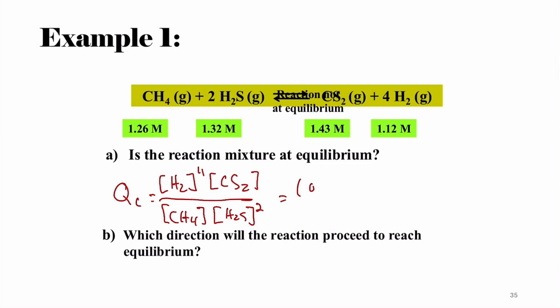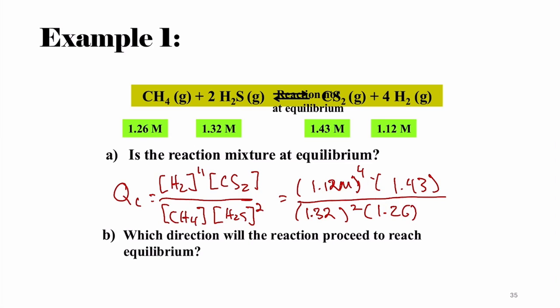So we plug in these values: 1.12 to the 4th power times 1.43, divided by 1.32 squared times 1.26. 1.02 as our reaction quotient.